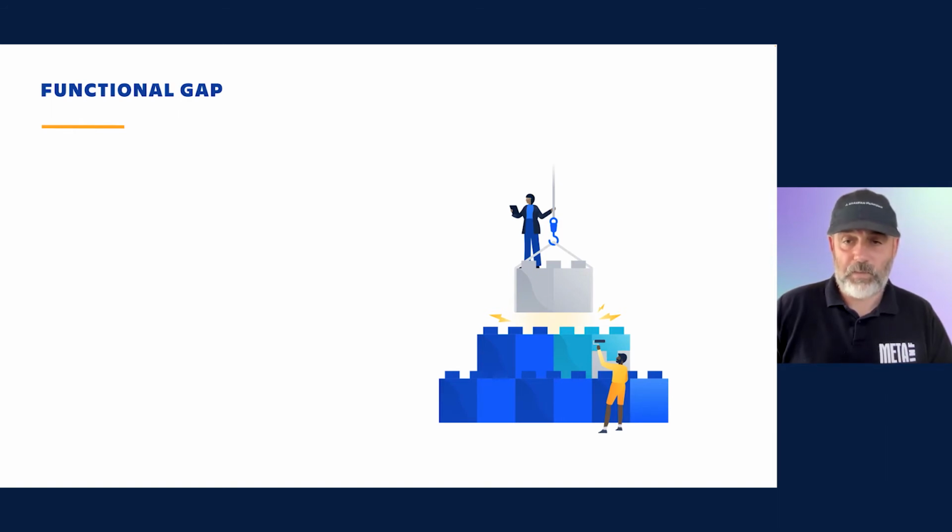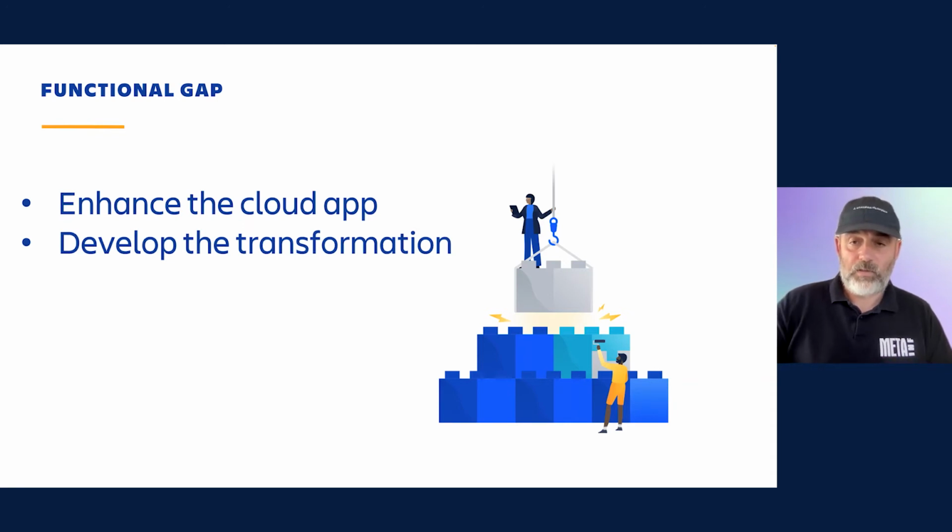If the functional gap is historical, then in the plan phase of the app migration development, compare the cost of either enhancing the cloud app to fill in the functional gap or developing the transformation to make the user feel the gap is filled in. It's up to you, and it must be a business decision.